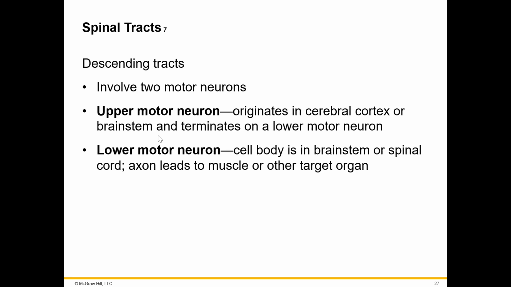Now let's look at the upper motor neuron. It originates in the cerebral cortex or the brainstem and terminates on a lower motor neuron. The lower motor neuron has a cell body in the brainstem or the spinal cord, and the axon leads to the effector. So the cell body of the upper motor neuron is in the brain.